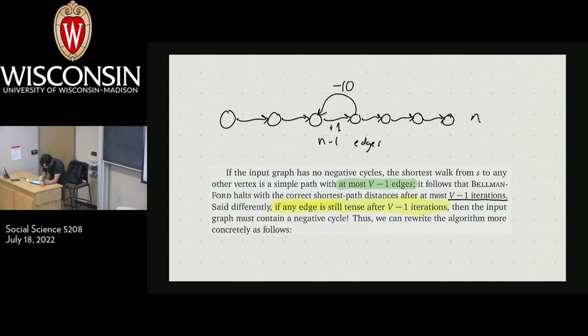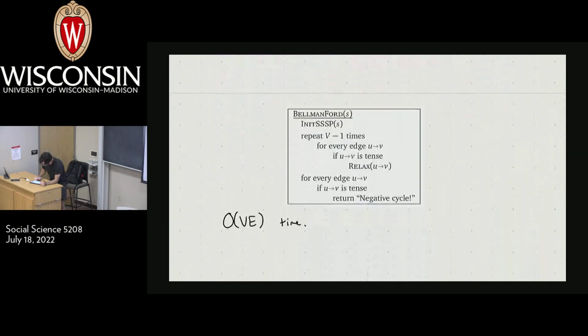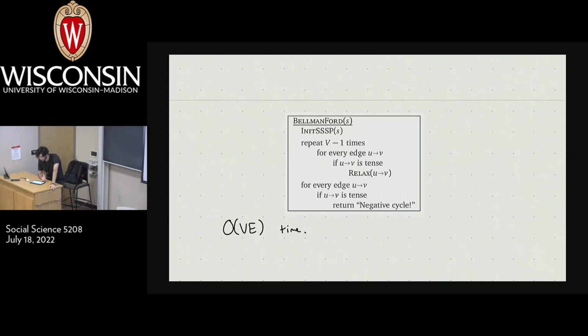But that's actually a cool thing. This algorithm tells you two things. It either gives you the correct shortest paths, or it detects that there's a negative cycle in the graph. So that's the overall algorithm.